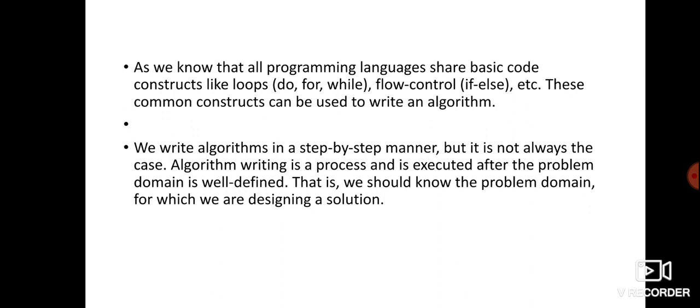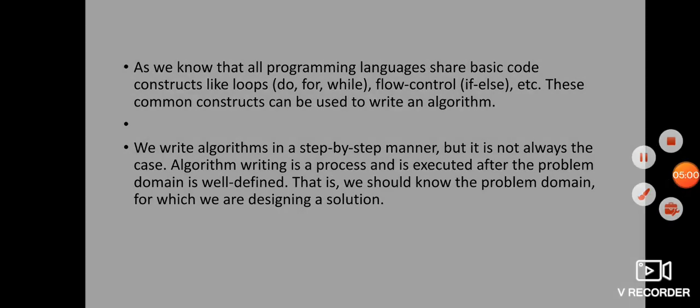We write algorithms in a step-by-step manner, but it is not always the case. Algorithm writing is a process and is executed after the problem domain is well defined. That is, we should know the problem domain for which we are designing a solution.